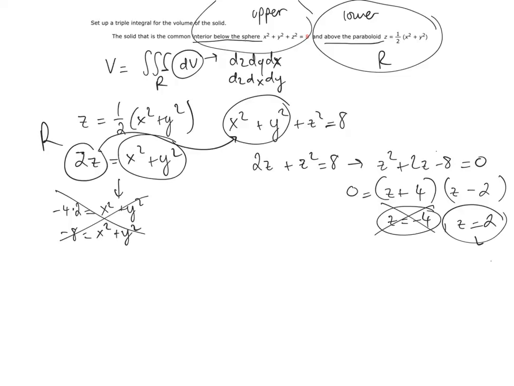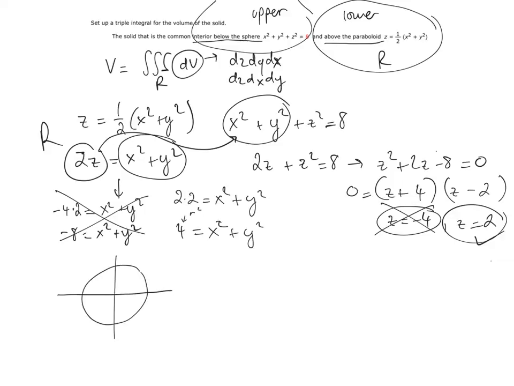If you plug in 2 for z, you have 2 times 2 equal to x squared plus y squared, so 4 is x squared plus y squared. So your radius right here is 2. All right, so you can draw the picture for your base region: a circle of radius 2, from -2 to 2.